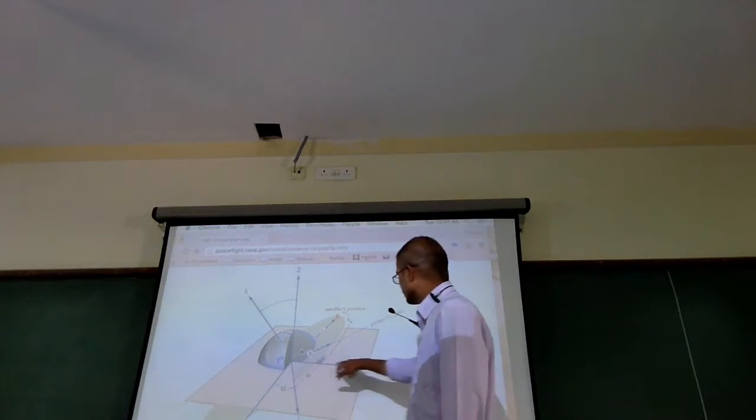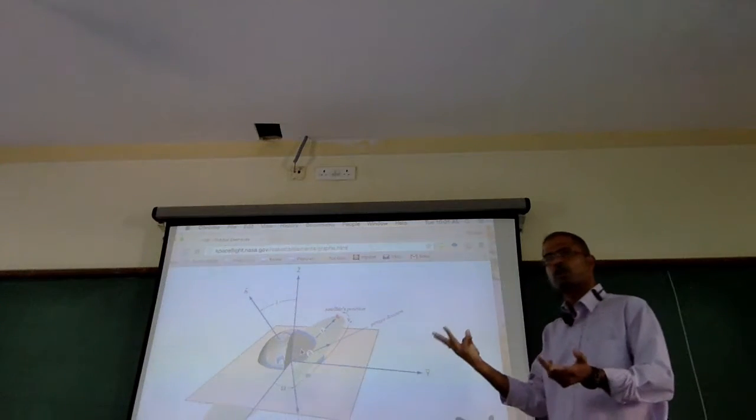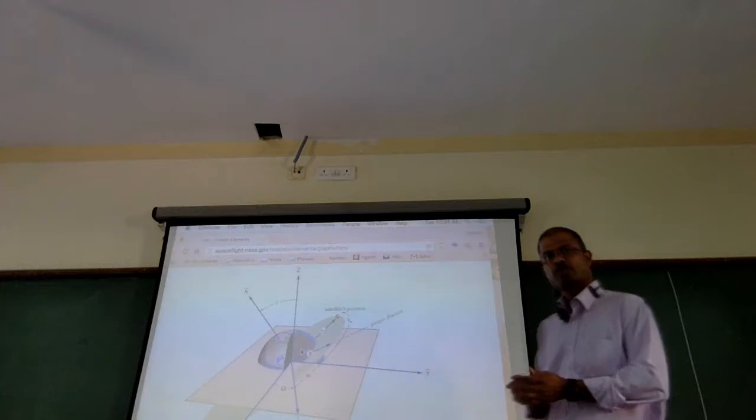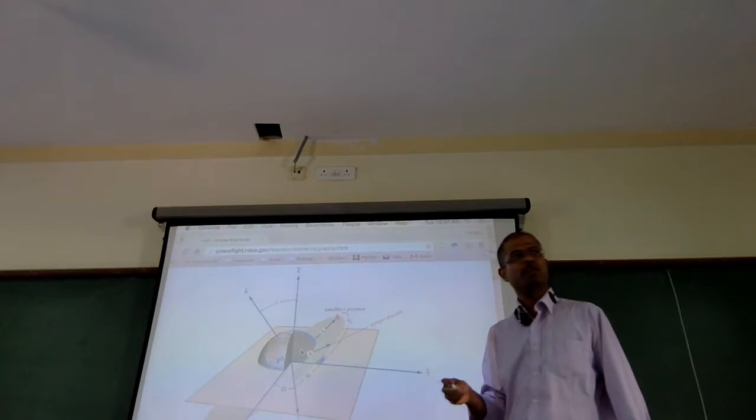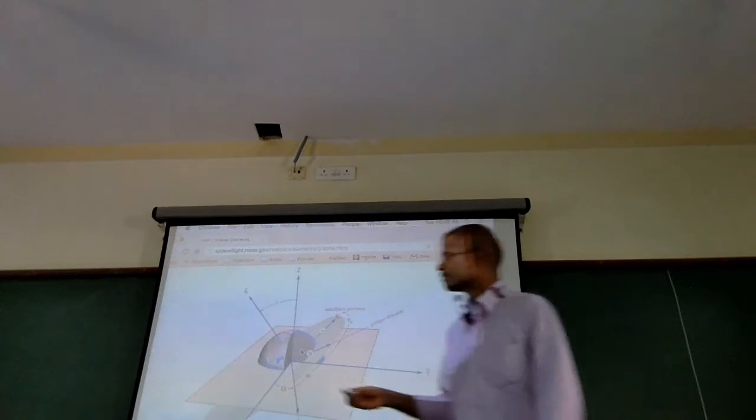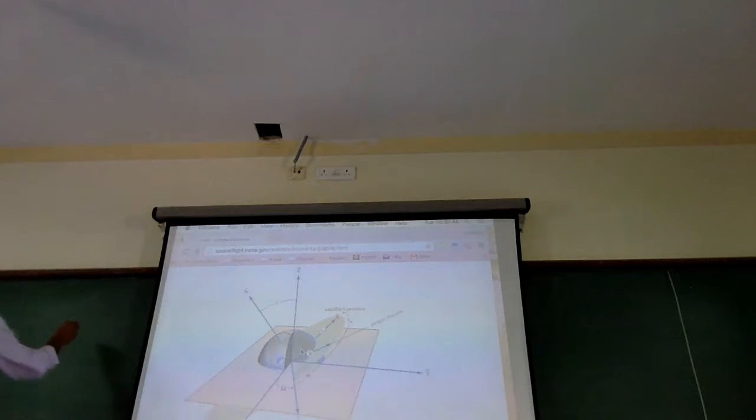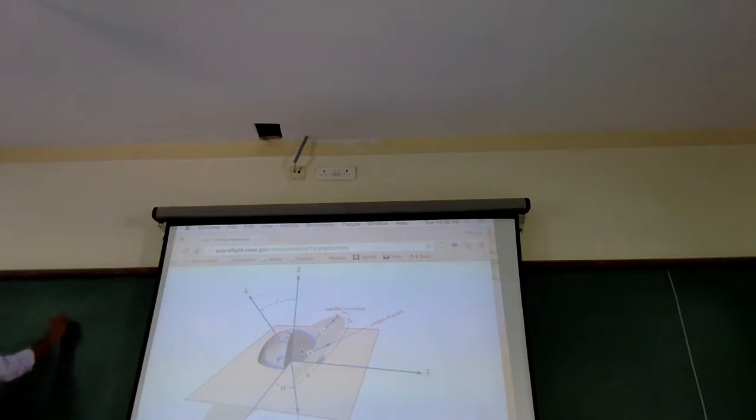And the y direction, I said there are 3 axes. The y direction just completes the right-handed coordinate system, which means we use this notation: z is always equal to x crossed with y.